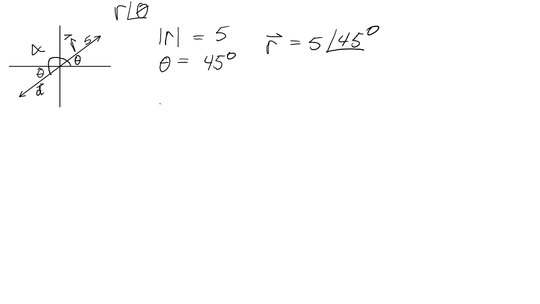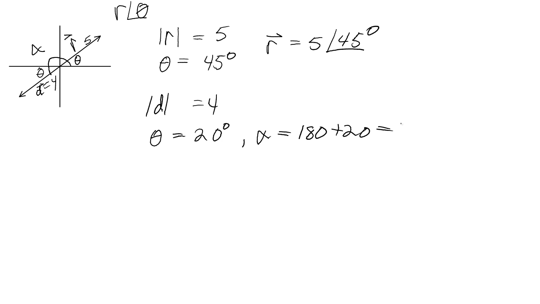Okay, and the other vector d, let's give that a length of, say, 4. And it's also got angle 20 degrees. This is not to scale. Okay, but we want to know alpha. So we can just add 20 to 180 degrees in this case, which gives us 200 degrees.